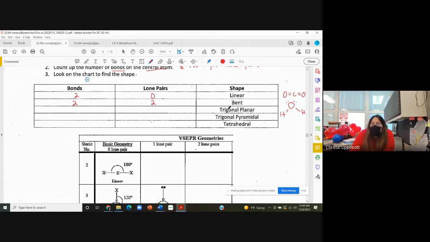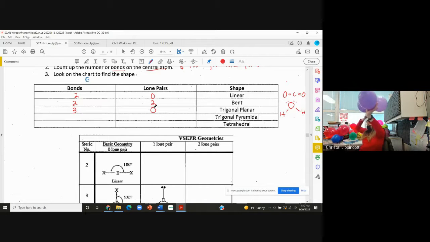The next one is trigonal planar. This is where you have three things bonded and 0 lone pairs. So this is what that looks like. This is our trigonal planar. And you can see it's all in one plane. That's why they get that name. That makes sense?